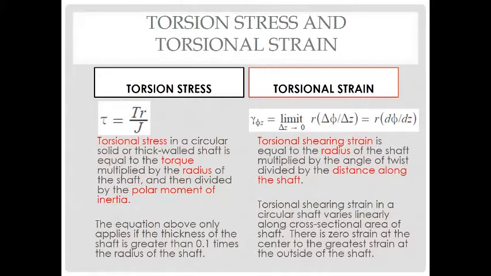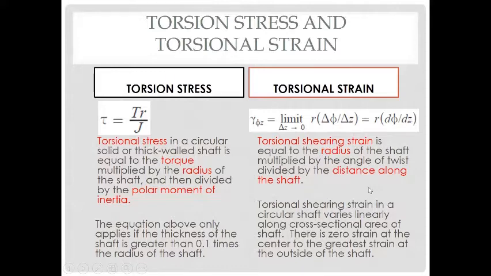So two different things, but we can relate them: torsional strain is equal to the radius multiplied by the angle of twist divided by the length of the shaft.